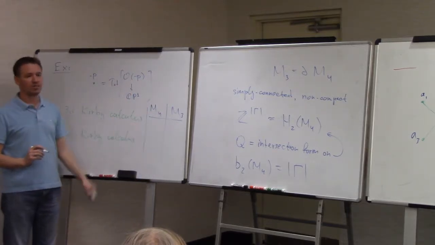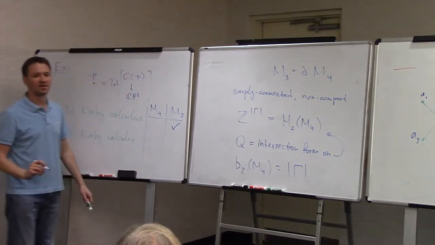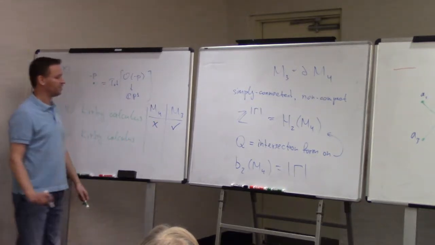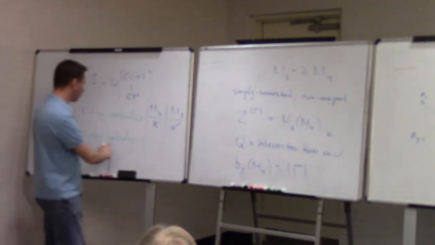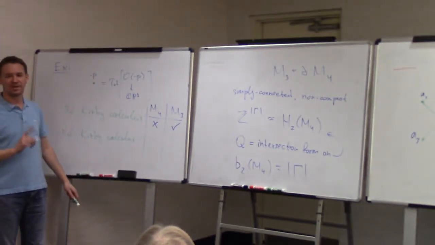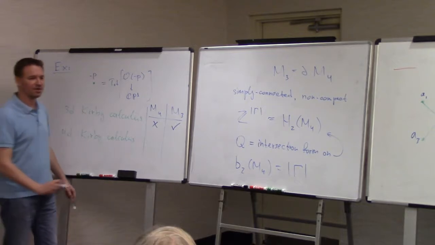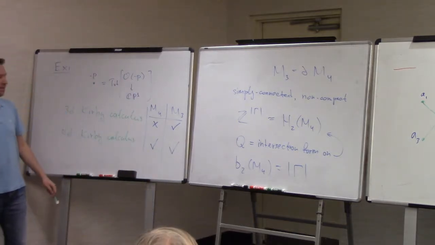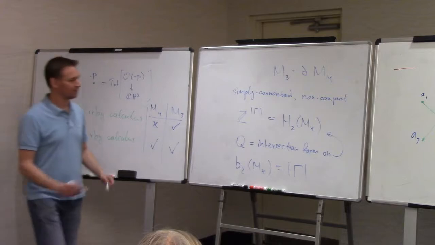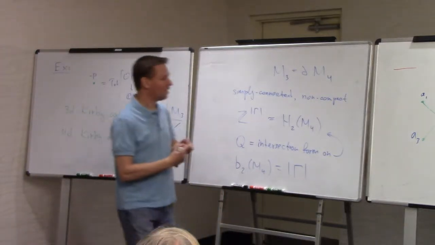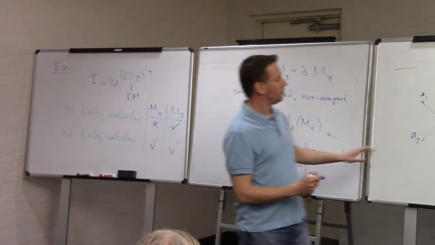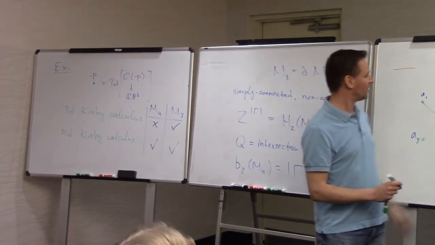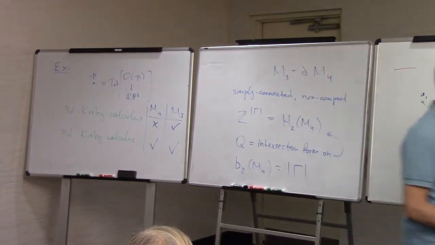The three-dimensional version of Kirby calculus did not change M3, so that was part of the game we played, but it does affect M4, so it does not preserve M4. And the four-dimensional version, which I'm not going to explain in detail, maybe except for one exception at the end of the talk if I have time, preserves both of them. So this is slightly more delicate and in fact more fun type of operation. But this is just to put our discussion in perspective and connect it a little bit with the plumbing graphs that we already had to learn in the previous hour.